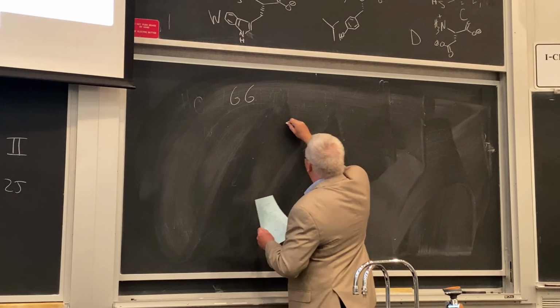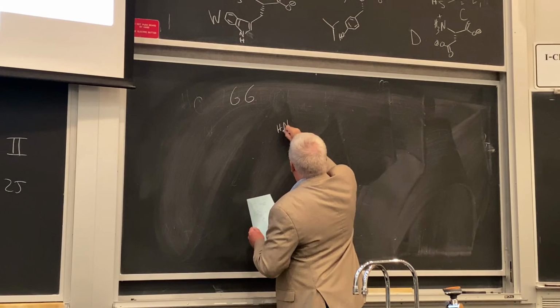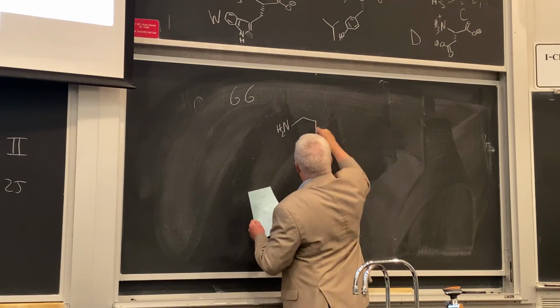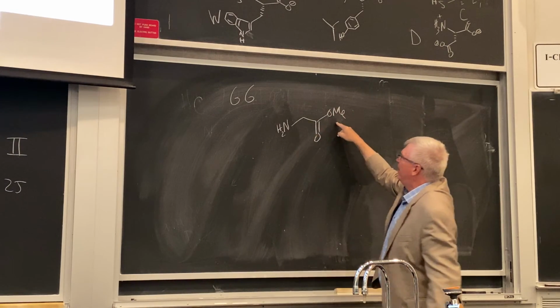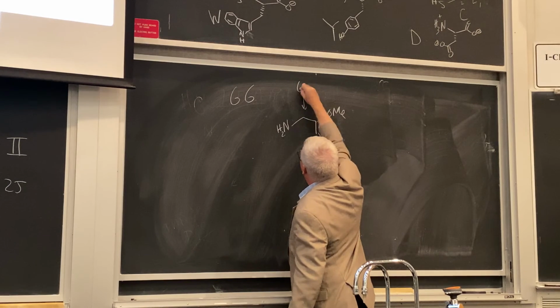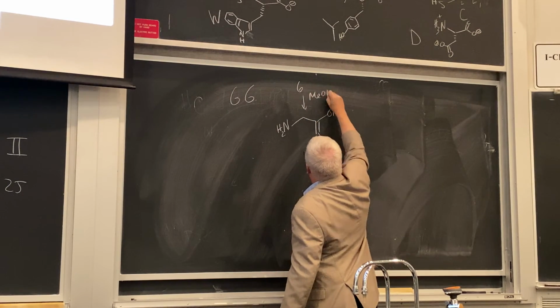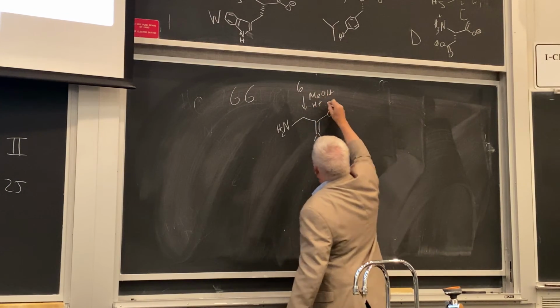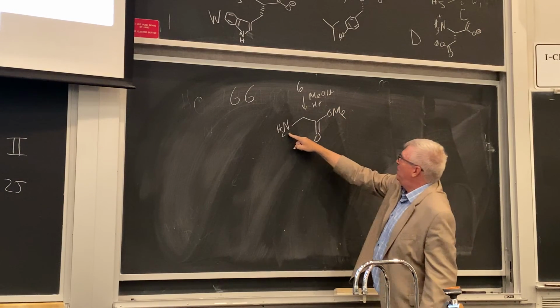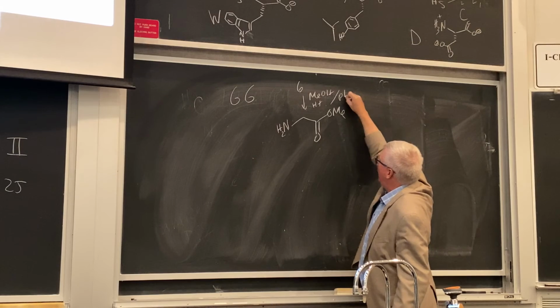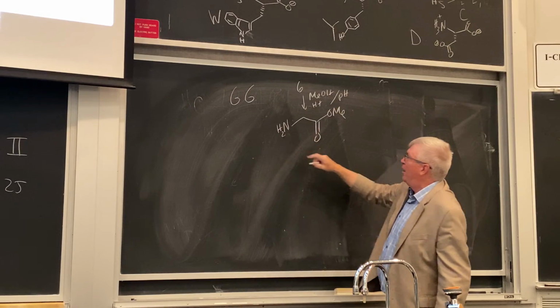And what you need to start with is amino acid, glycine, which already has a methyl ester on it. And you make that from glycine, right, with methanol and acid. Methanol, HCl, whatever. We'll put that on there. This will initially be protonated, and then you adjust the pH to give the neutral amine there.